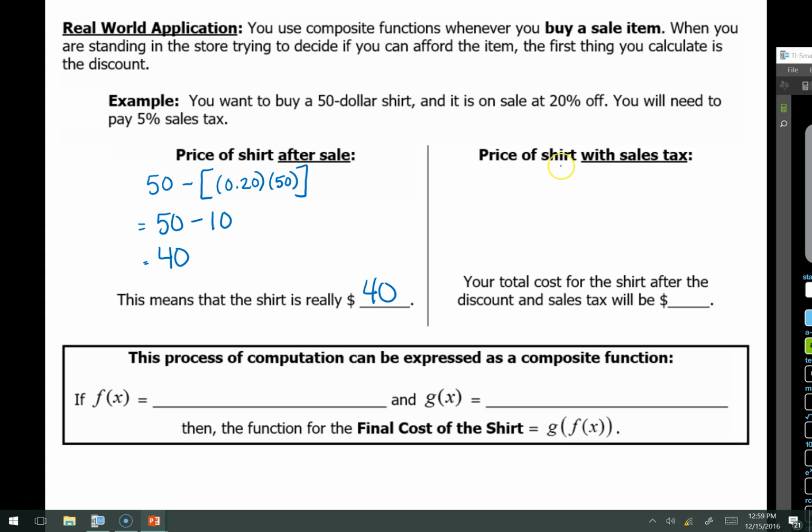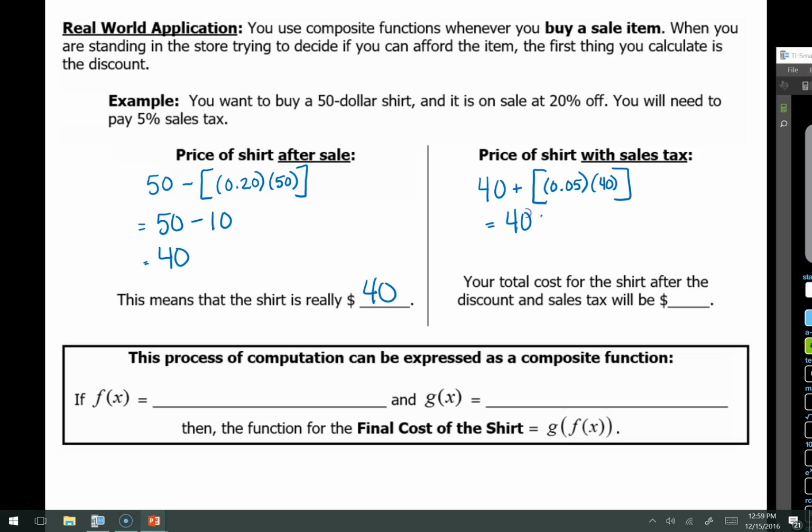So if we need to find the price of our $40 shirt with sales tax, that means that we need to take our $40 shirt that we're buying and add the sales tax to it. To find the sales tax, if it's 5%, that's 0.05, and we need to multiply that by the 40 so we can see what quantity we need to add on to our $40 shirt. 0.05 times 40, well that's 2.